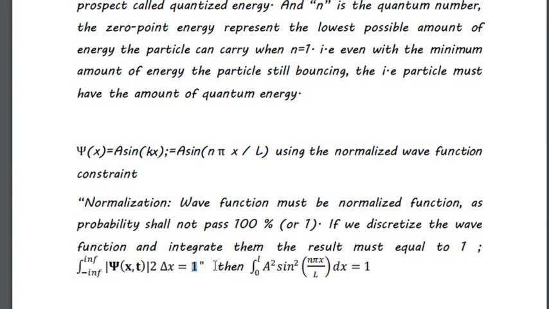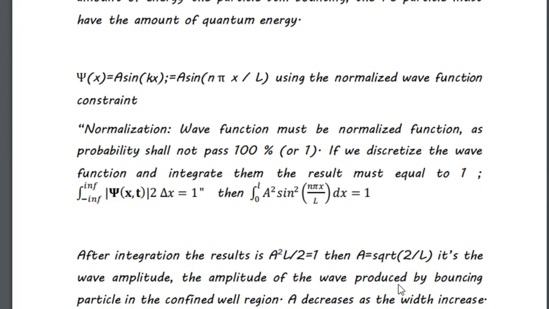Previously, our plane wave had an infinite range from minus infinity to infinity, but in our deep well model, the region of the particle is only between 0 and L, and this is the region where the probability of finding the particle is.